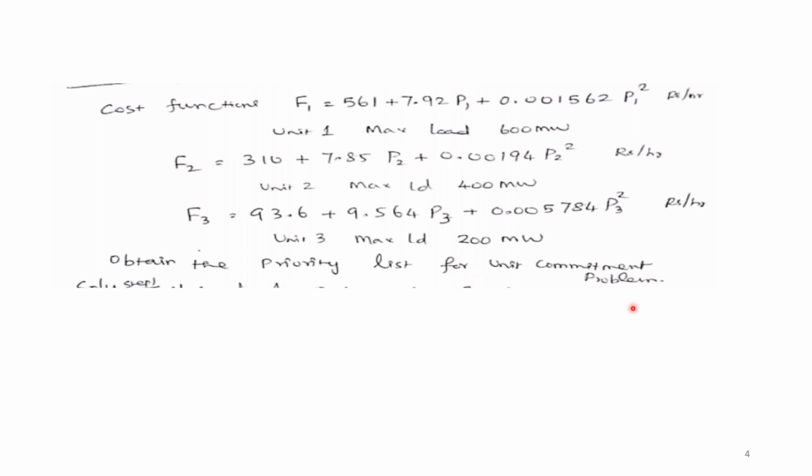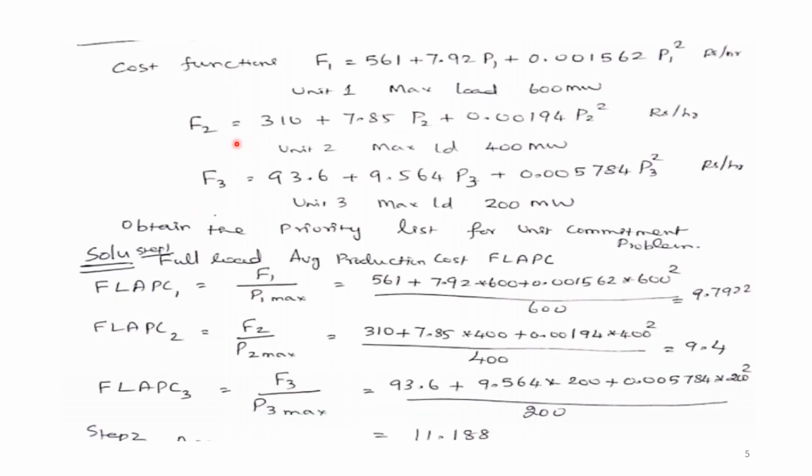The procedure is, first, find the full load average production cost for units 1, 2, 3, and then form a table in ascending order, filling in the values of full load average production cost.